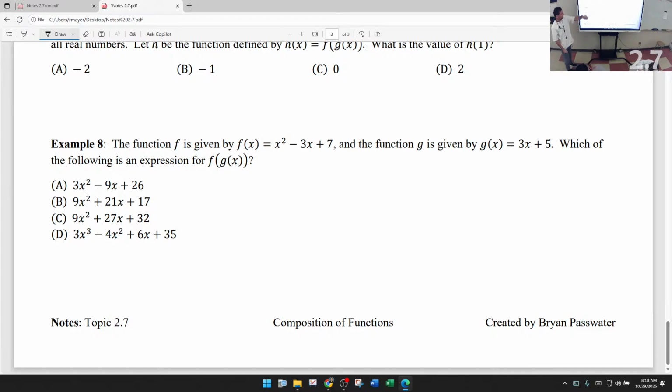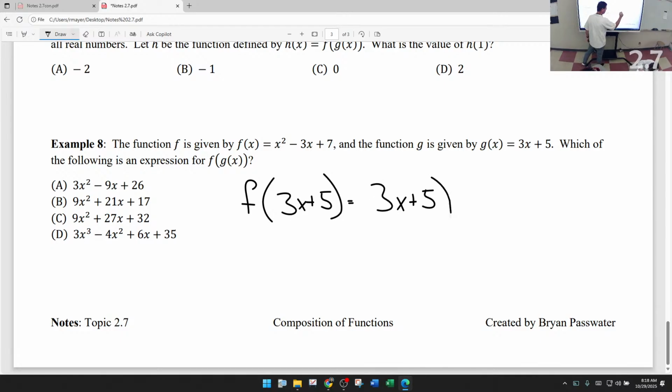So I got to plug g in for f. So f of 3x plus 5 is 3x plus 5 squared minus 3x plus 5 plus 7.